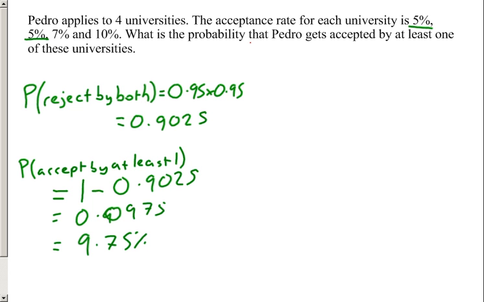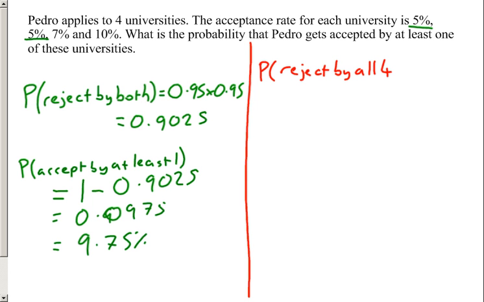Now let's consider the more complicated example in exactly the same way. The probability that he's rejected by all 4 universities. This is equal to, because again they're all independent, the probability of each of the rejection rates multiplied together.